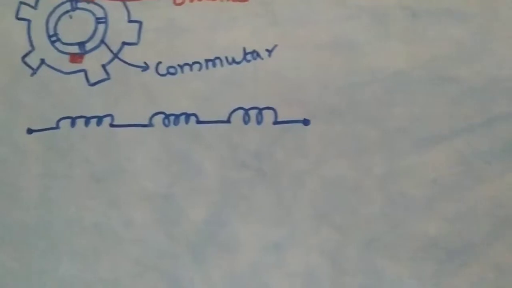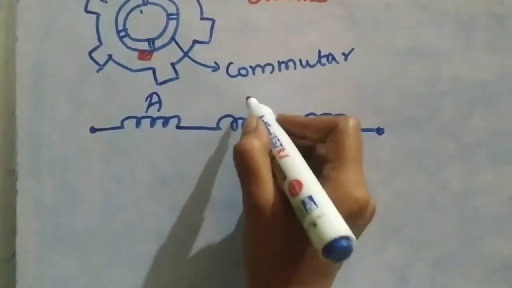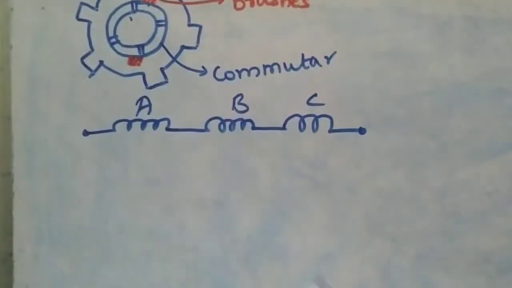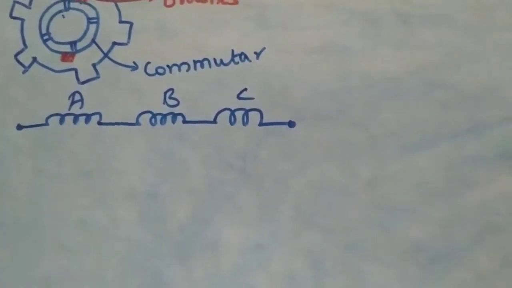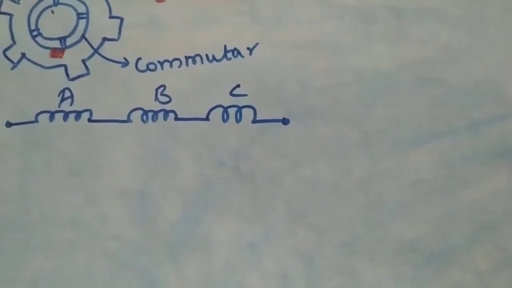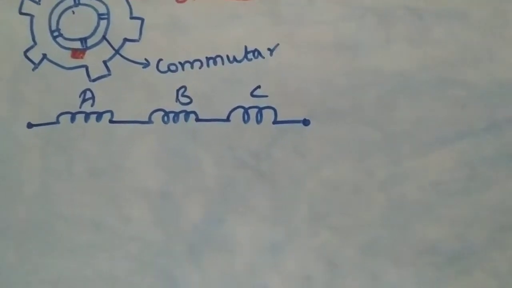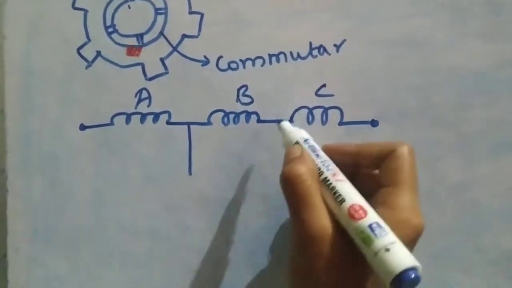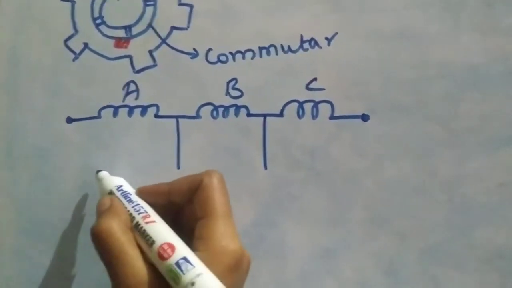So in that way I'm going to write it. Let me call these the series of armature windings, which is of a ring type. And there will be a connection between these two.